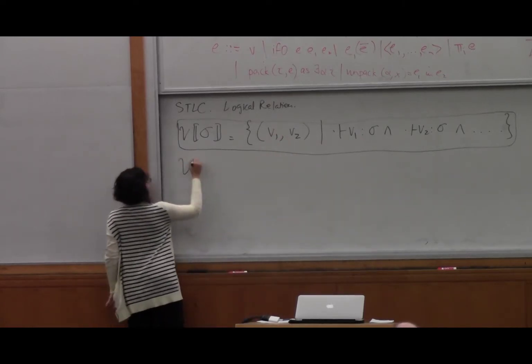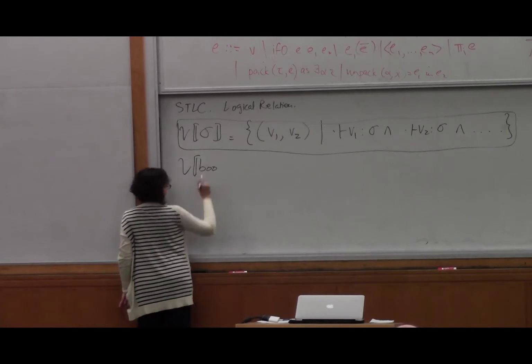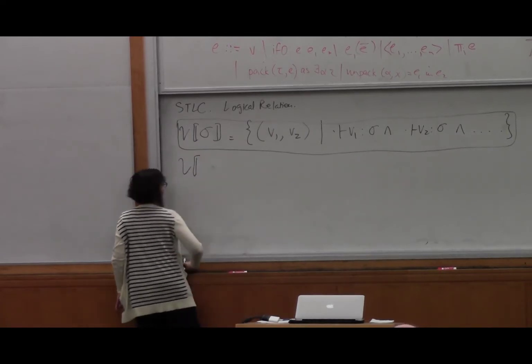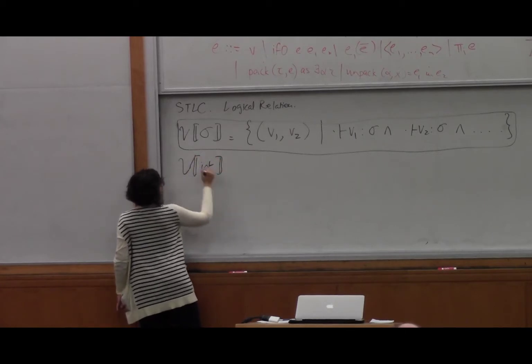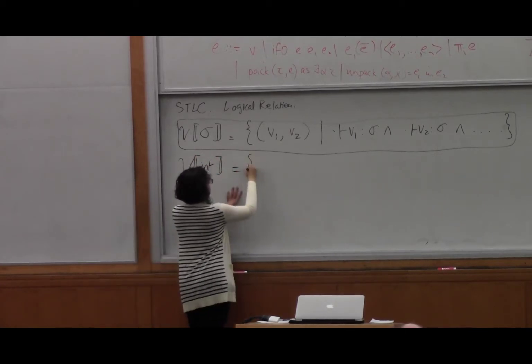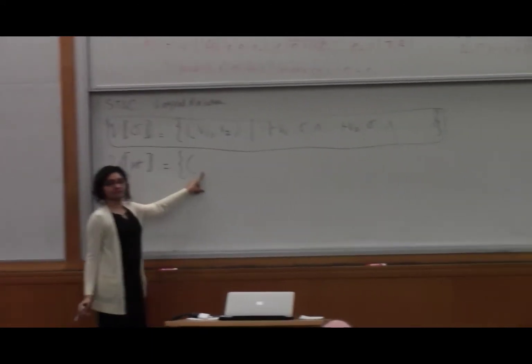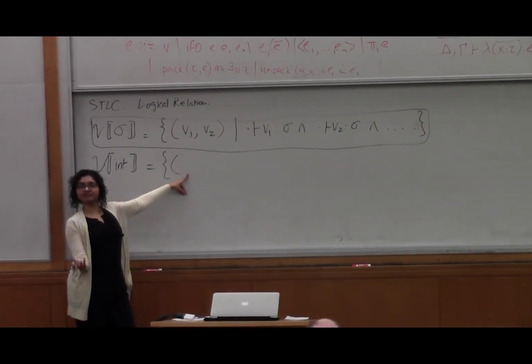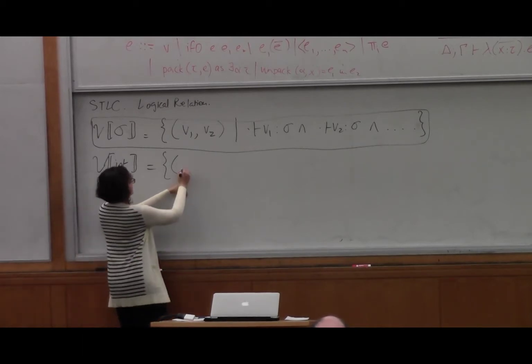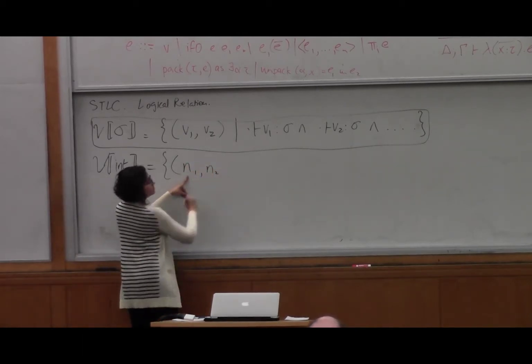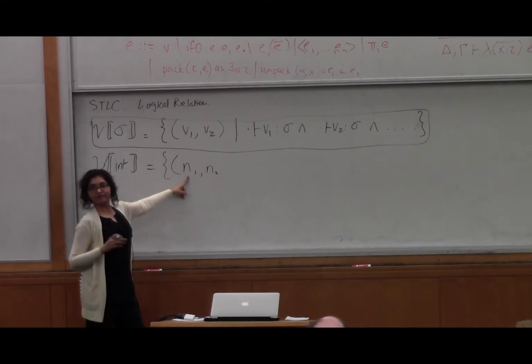Okay, so, int. When are two values related at the type int? First of all, what values should I put in here? What values have type int? Numbers. Okay, so I could put an n1 and an n2, and they're obviously going to have type int.